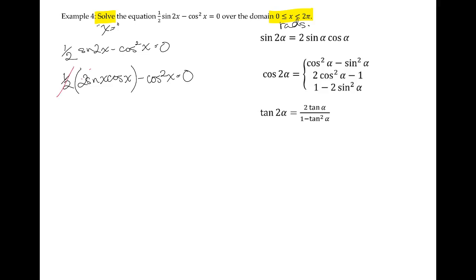So the half and 2 go away, leaving me with sine x cos x minus cos squared x equals 0. Now, you could go into the idea of using your Pythagorean identity here as well and turning this into sine, but the bigger problem here that we're facing is that we have both sine and cos showing up. So you can do a couple different things here. My first instinct would be to try and factor out one of those cos x's.